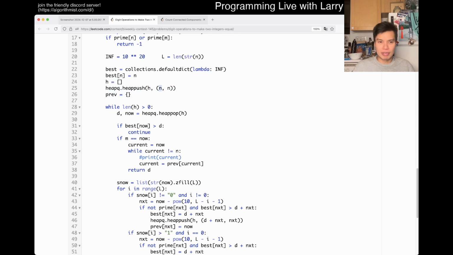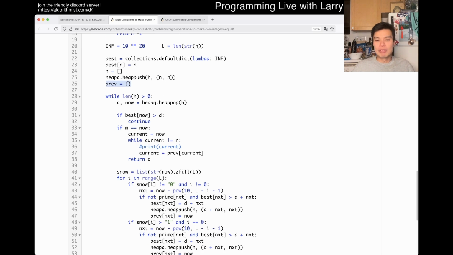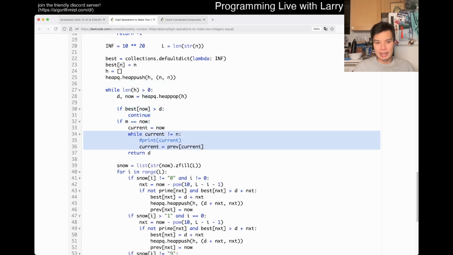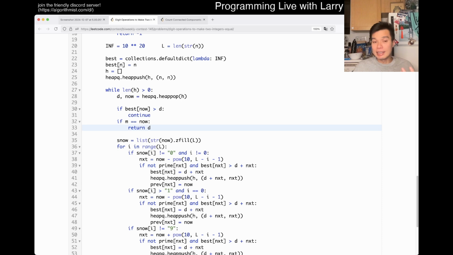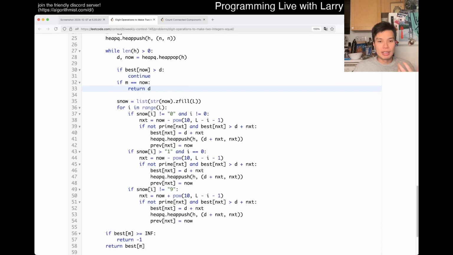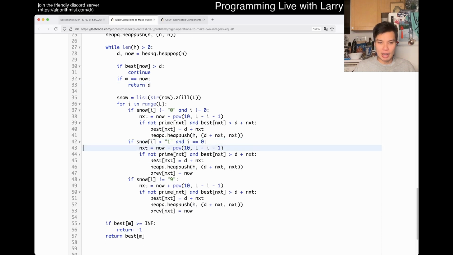I did have a previous thing here, I guess I forgot to take it out. The reason I had it was that I wanted to debug my path, because like I said, I had a wrong answer and I didn't know why, since there was a long input. So I wrote this code so that I can debug what it was doing. But it is not necessary, so I'm going to take it out now.